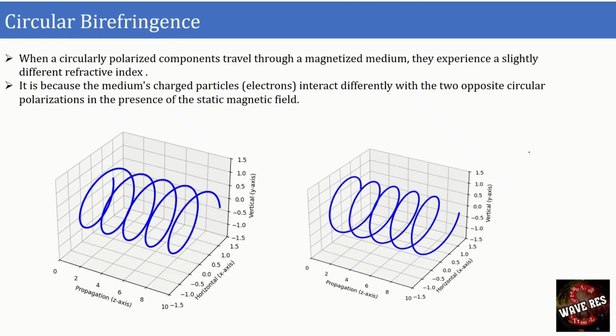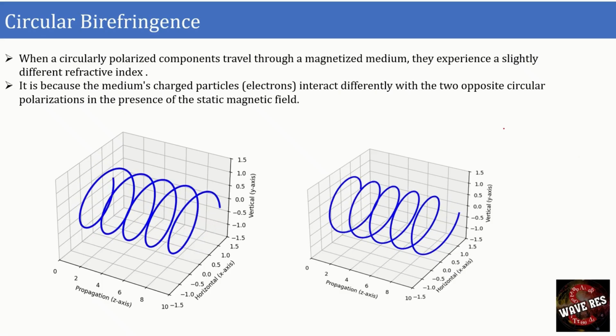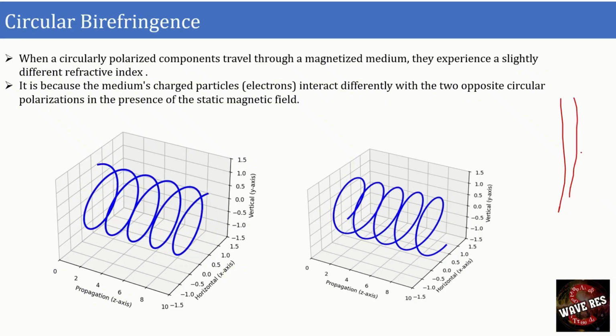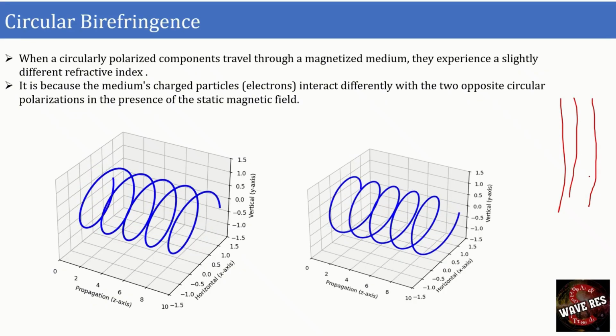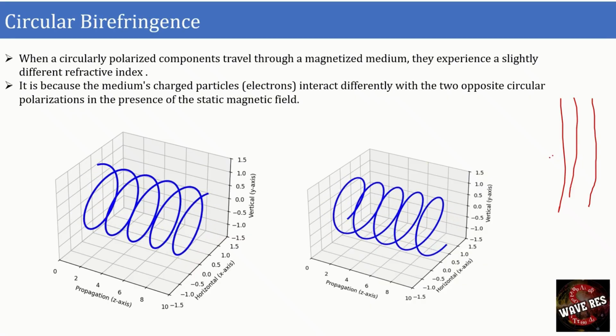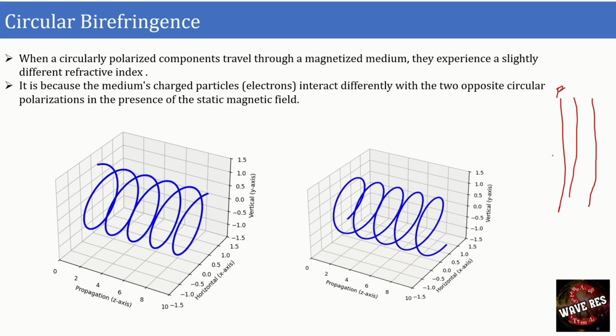Let's see why the polarization rotation happens when it is passing through the ionosphere. We know that in the ionosphere we have electrons due to the ionization of the atmosphere from the sun's energy. So we have electrons in the ionosphere and the magnetic field from the Earth.